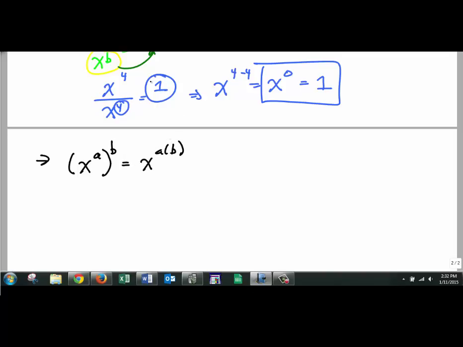The way I remember this is the parenthesis right here reminds me of multiplication, so when I raise a power to a power, I have to multiply the powers. So that's our rule. When you raise a power to a power, you multiply the powers.